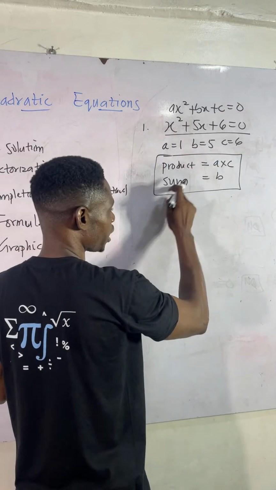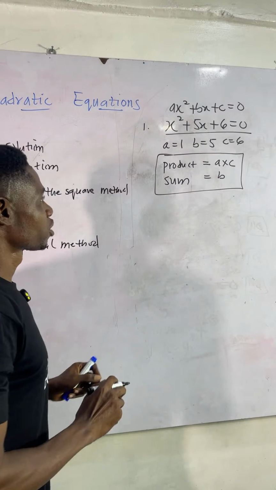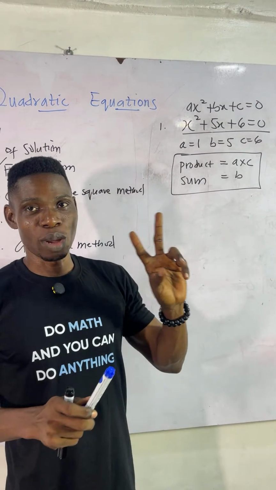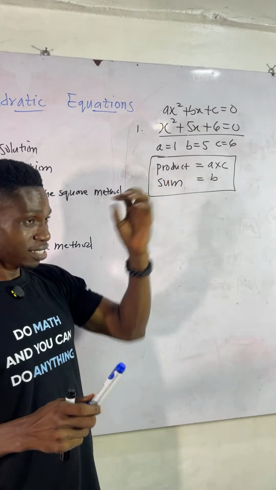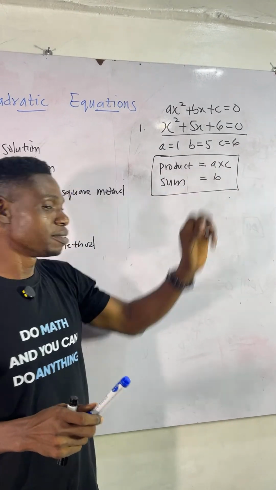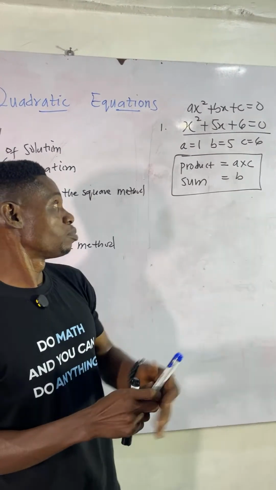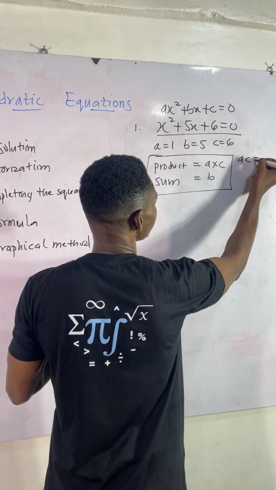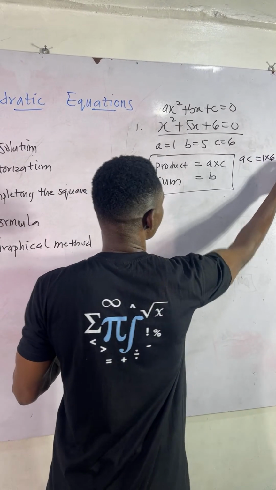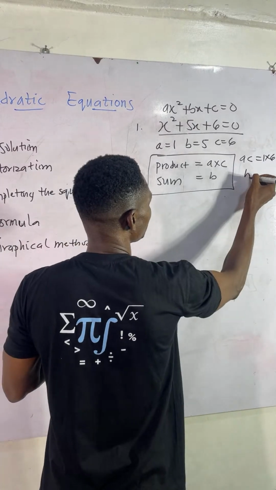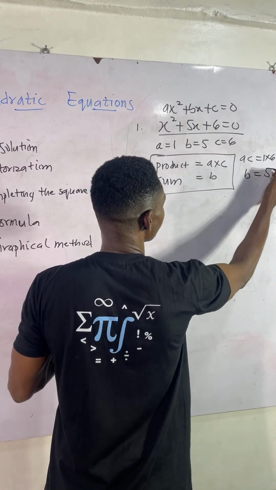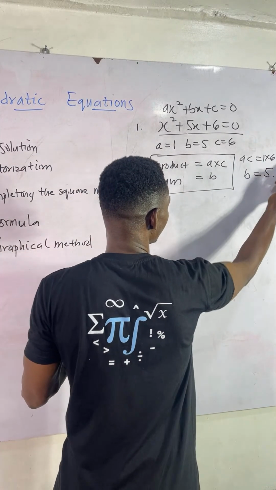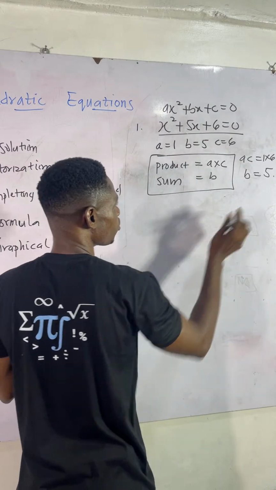And when we add them together, we get B. So I hope you understand the concept. So from this, our A multiplied by C will be 1 multiplied by 6, which is 6. And our B is what? 5. Now we need two numbers that when we multiply them together, we get 6, and when we add them, we get 5.